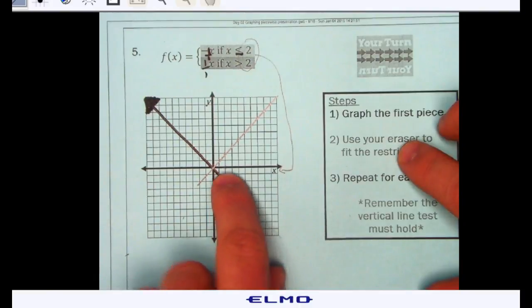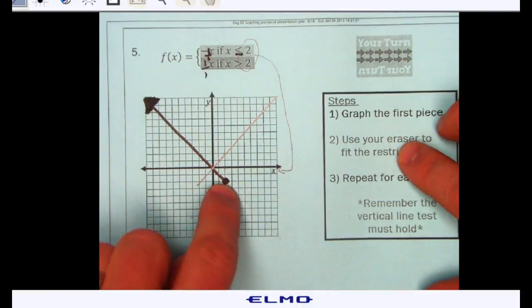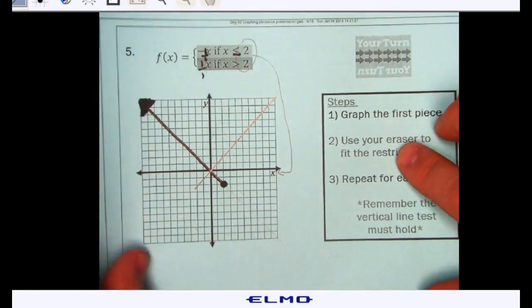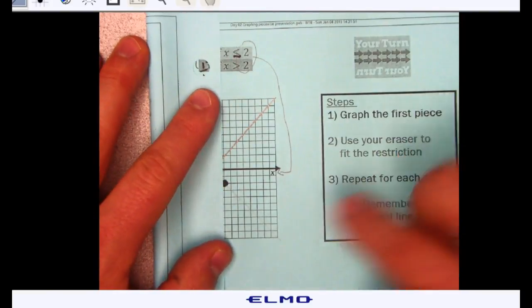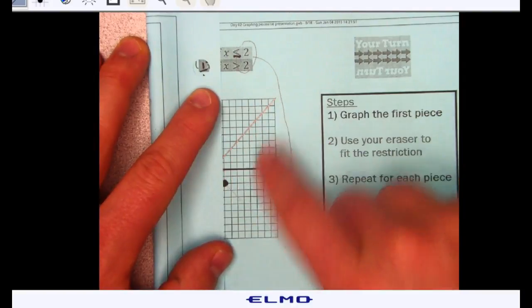So x equals 2 is the same place. So you can see where one graph stops, that's where the other one's going to pick up. So fold that over to 2, and you can see, yeah, that's where the first graph stopped, so it's going to pick back up right here.